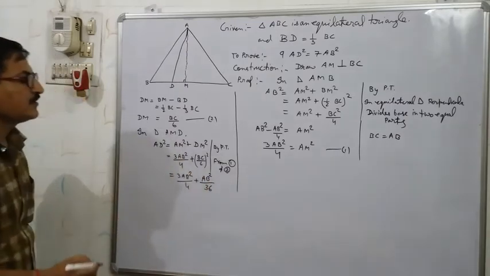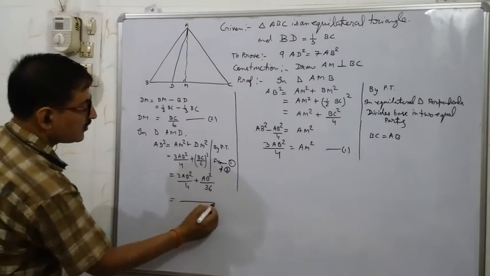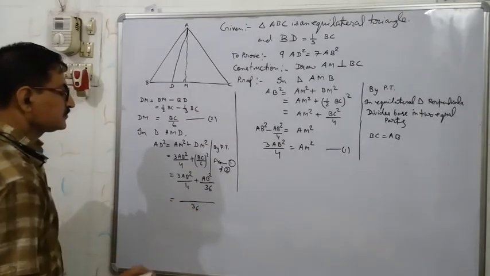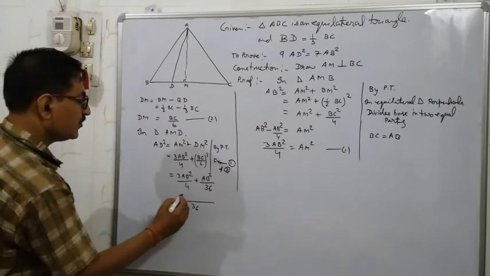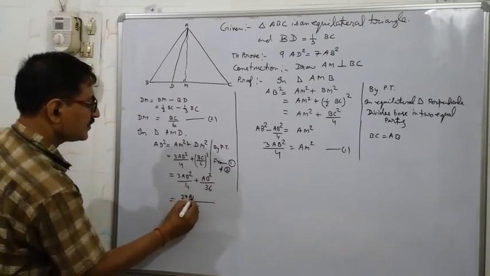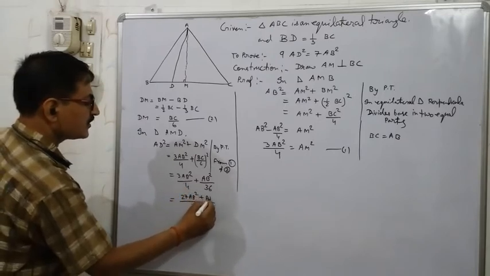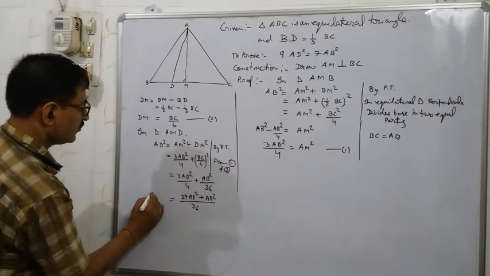In place of BC I have written AB square upon 36. Now LCM will be 36, and there will be 27AB square plus AB square, because 9 fours are 36, and this equals AD square.